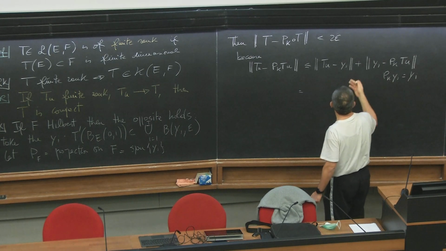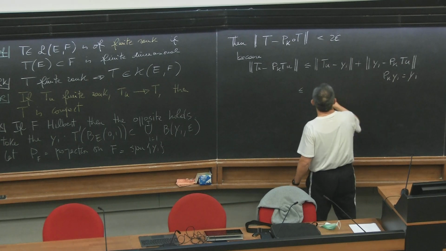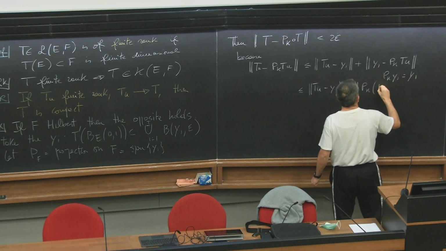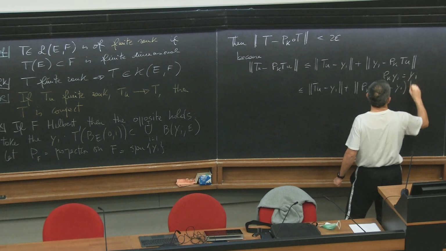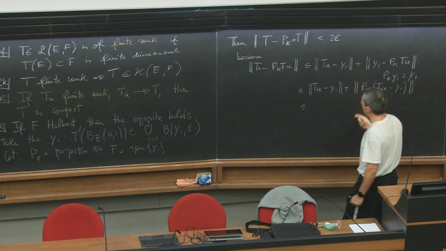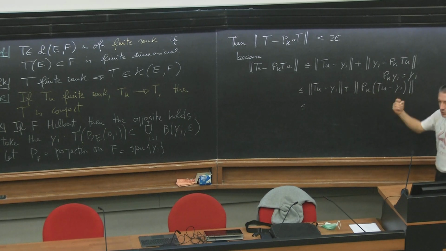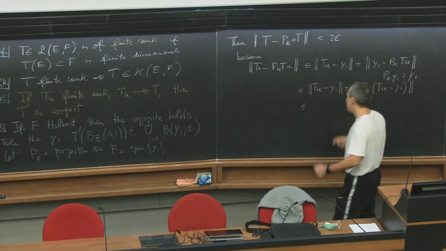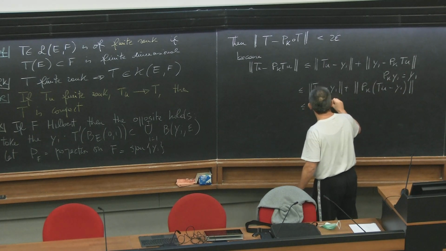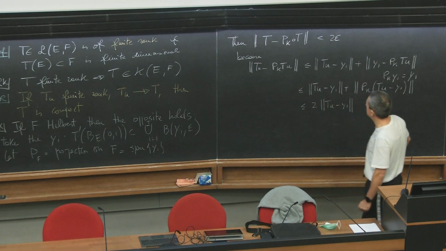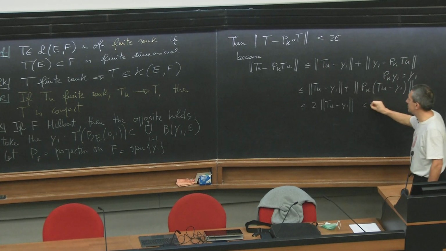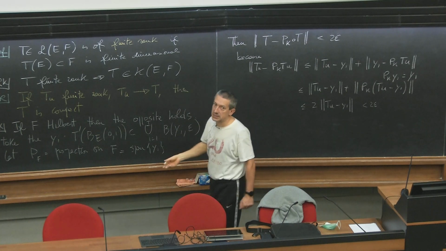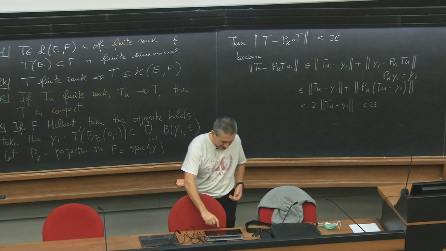So what I get is less than or equal to Tu minus yi plus P applied to Tu minus yi. Now I use that in a Hilbert space the projection operator is bounded by 1, it is a contraction. So it is 2 times Tu minus yi, which is less than 2 epsilon. So the opposite of the corollary holds in Hilbert spaces, but is not true in general.